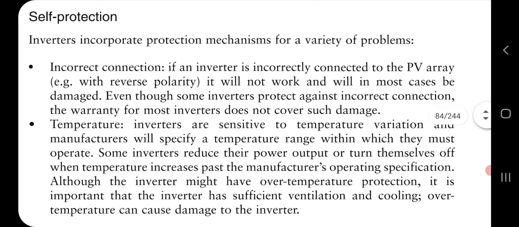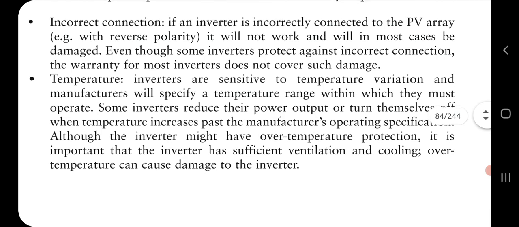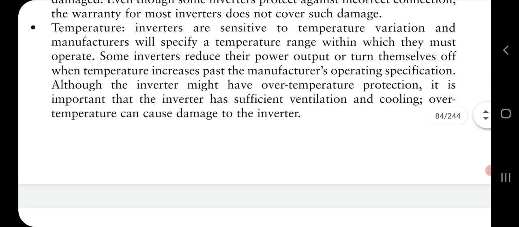There are many self-protections, like any incorrect connections. It will check if any incorrect connection has been made, or it might damage the PV cells. Also, temperature plays a very important role, because the inverter's output performance is affected by temperature. So the manufacturer's specification has to be considered, to keep the inverter at proper temperature.